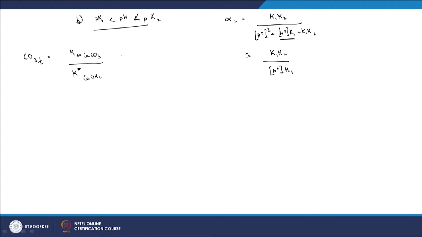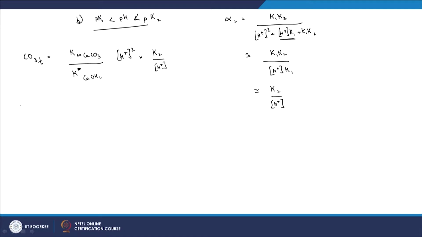We still have [H+]², into K1 K2 by K1 K2, or this is going to be equal to K2 by [H+]. So K1 and K1 cancel out, and this is what we have. So this is now going to be equal to K2 by [H+].